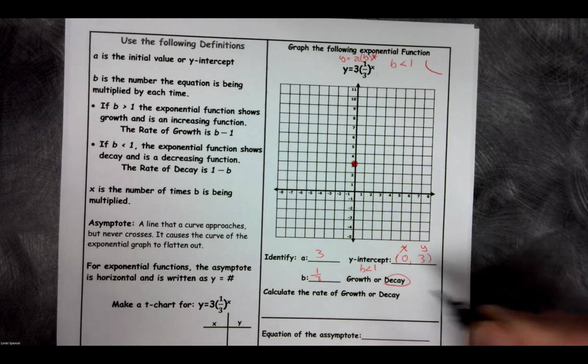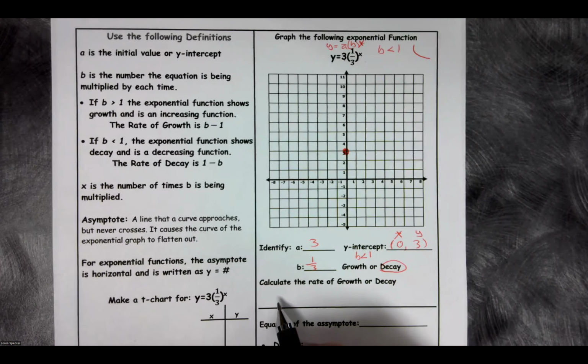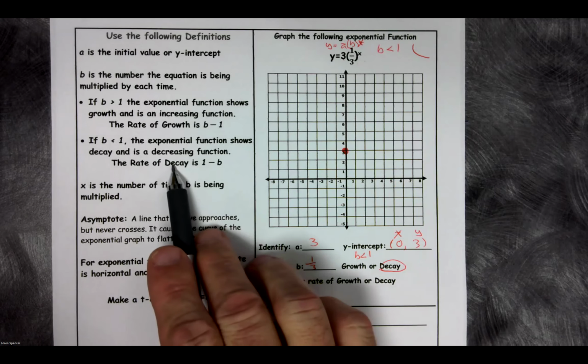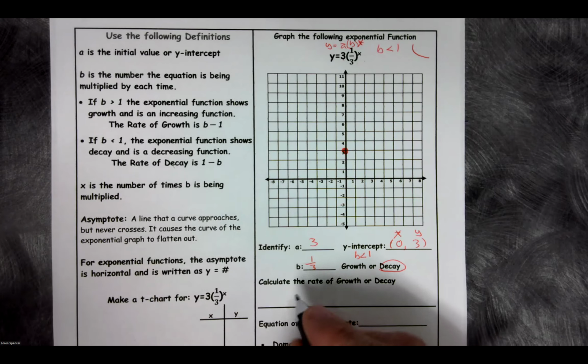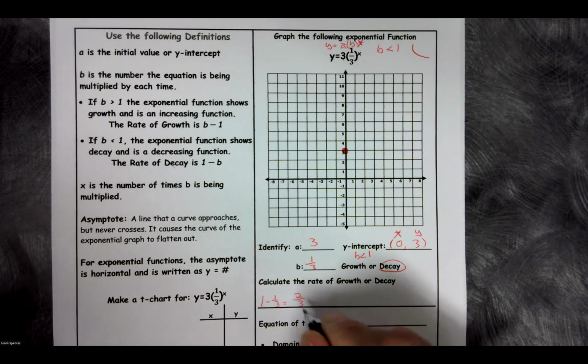then this is decay. If we calculate the rate of decay, we're going to go, well, rate of decay is 1 minus b. So 1 minus 1/3, which is 2/3. All right.